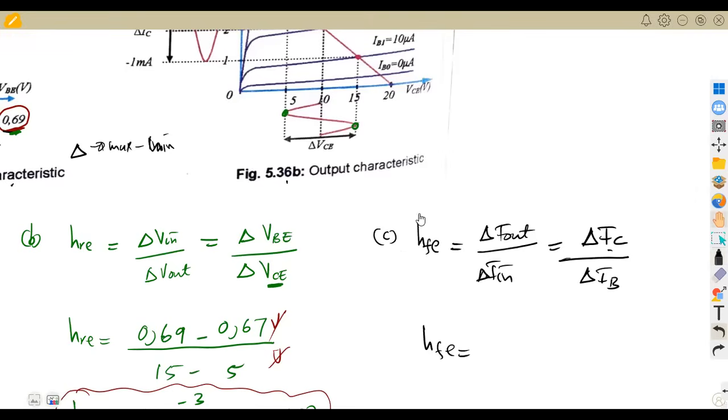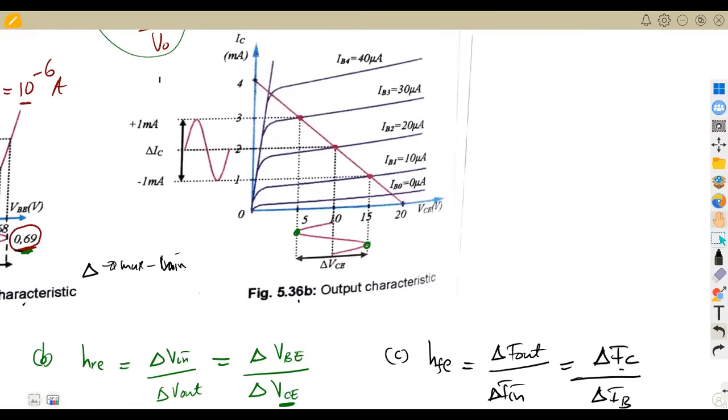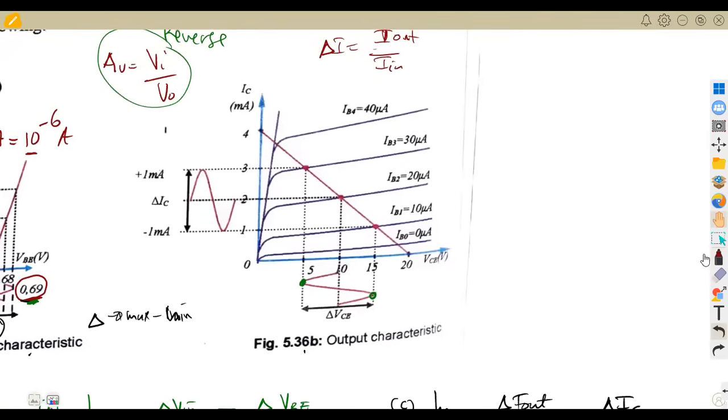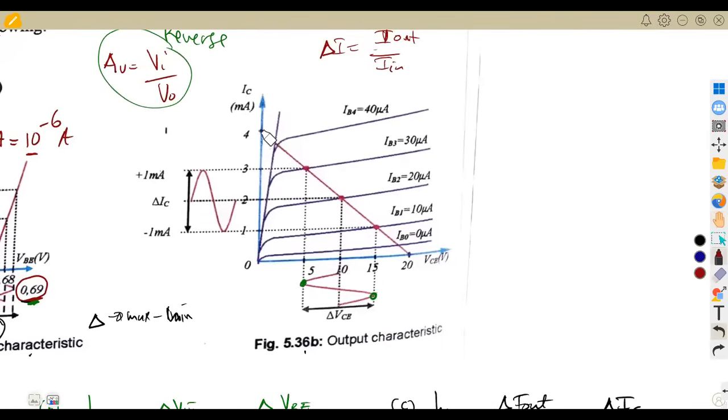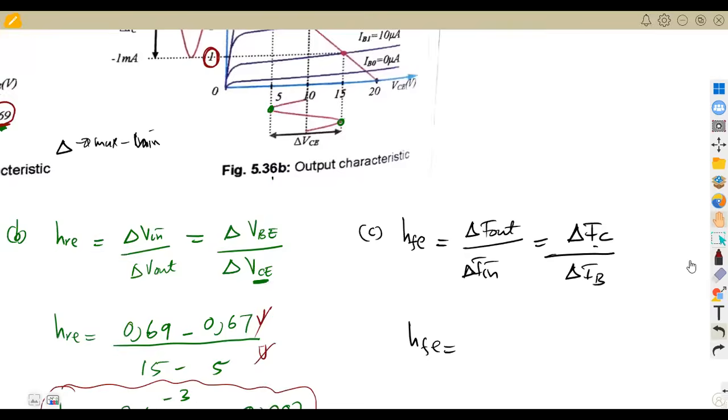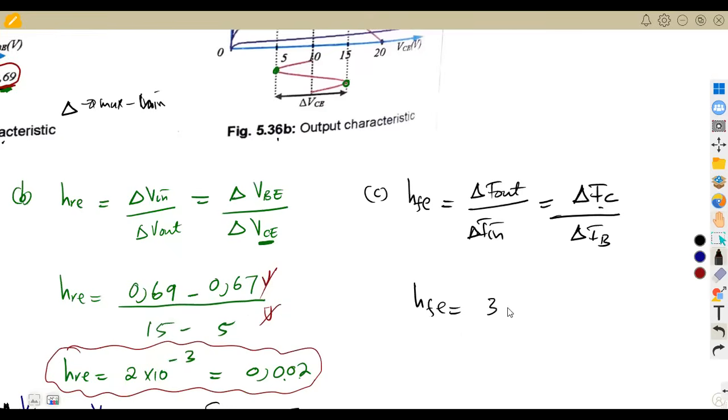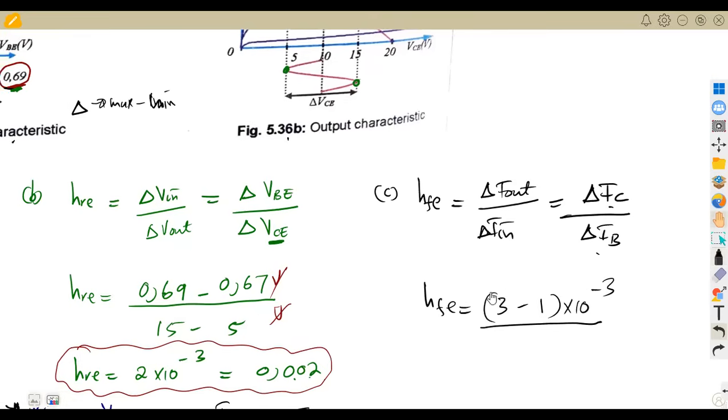So IC, which is the collector current, was taken from where? The units are also very, very important. IC here is given in milliamps. It is taken from 1, the minimum value, to the maximum value, which is 3. In milliamps, it's going to be 3 minus 1, maximum minus minimum, so 3 minus 1 times 10 to the exponent of -3. Then IB, we talked about this before.